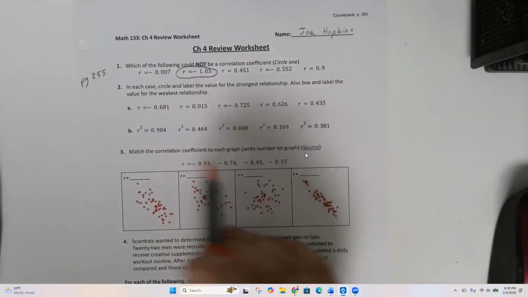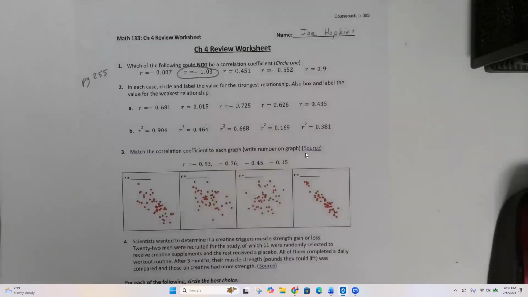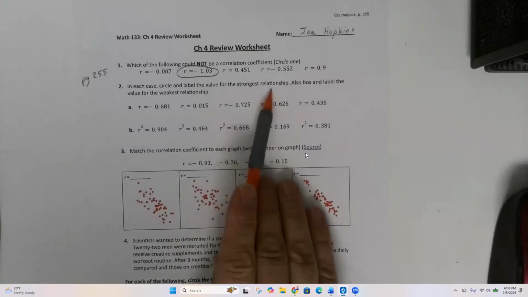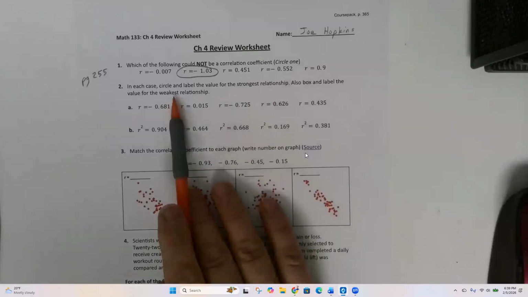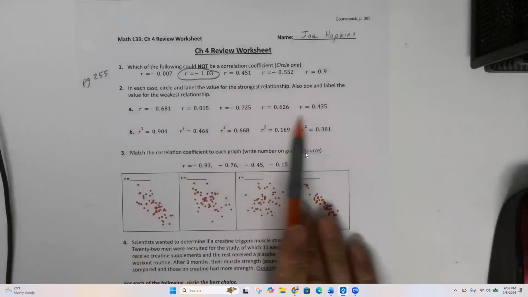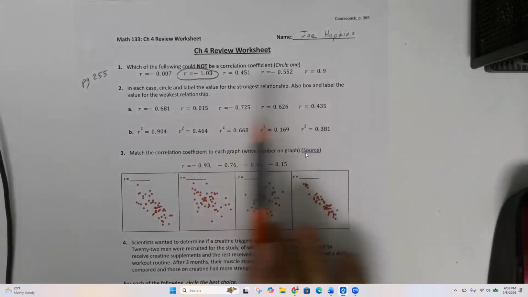Good. In each case here, circle the value of the strongest relationship and then put a box around the weakest. For part A, which of these numbers would give us the strongest correlation coefficient, the strongest relationship? James says it's this one.